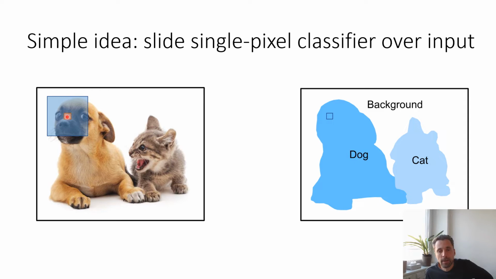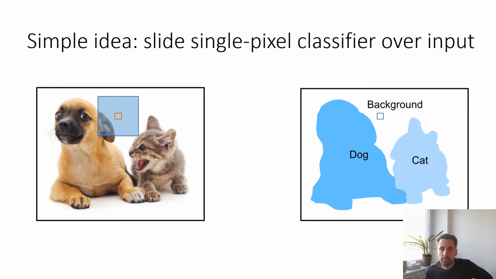You could also have a C-dimensional output, for C many classes, with the respective likelihoods that this center pixel now belongs to background, dog or cat. And then you could slide that over the input and successively fill this output.